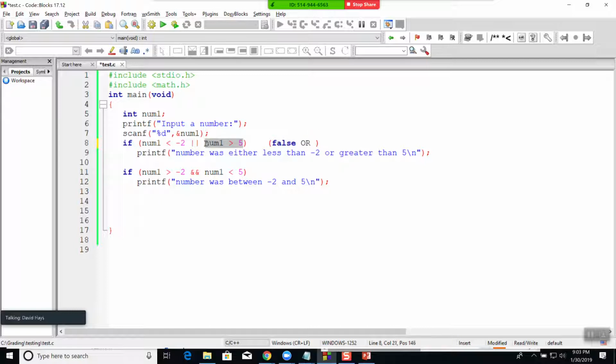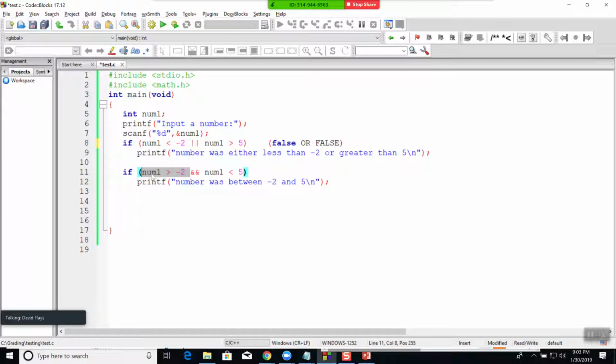If I put 0 in for num1 here, and I ask myself, is 0 greater than 5? It isn't, is it? So this would be false. Now, if either one of these is true, then you do this printf. So that's what the OR does. If this is true, or if this is true, then I'll do this line of code. Since these were both false, that's why I didn't do this. But I came down to here.